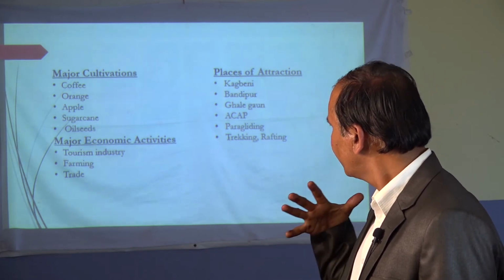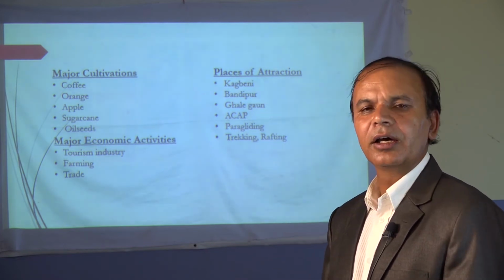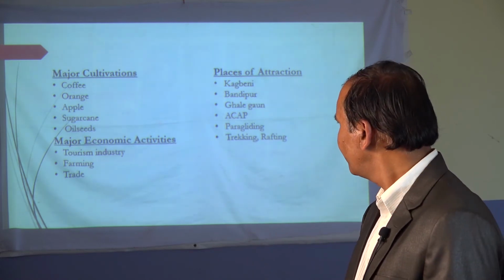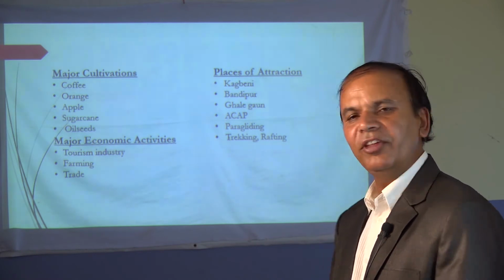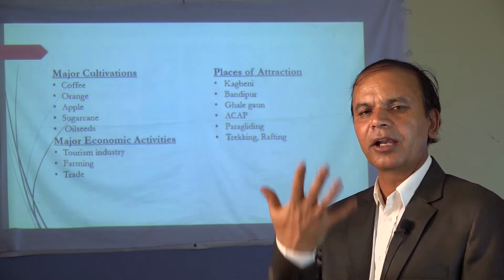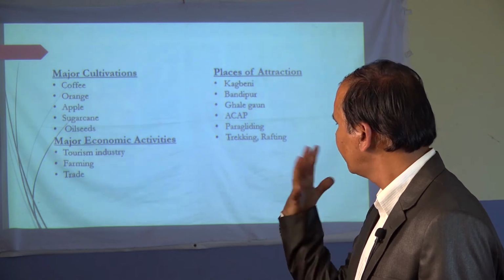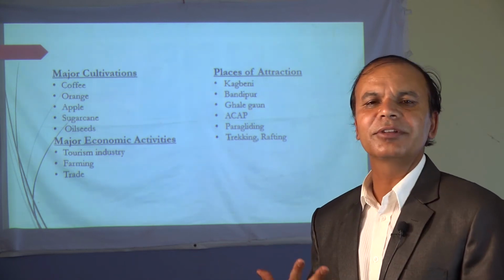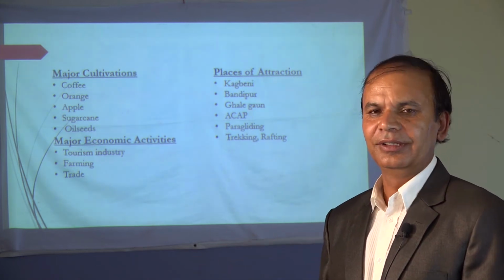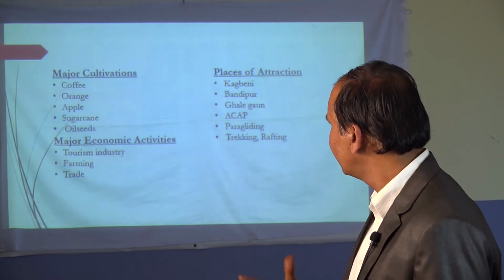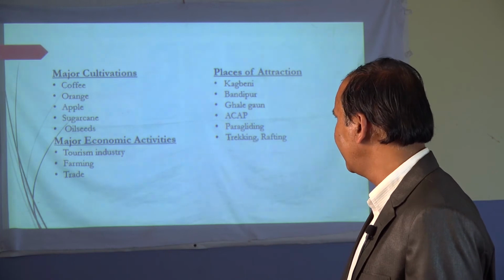In orange cultivation, Kaski, Syangja, and Lamjung are famous. And for apple cultivation, the northern region is famous. For oilseeds and sugarcane, the southern Tarai region is suitable and they can be grown enough. So these are the cash crops grown here.